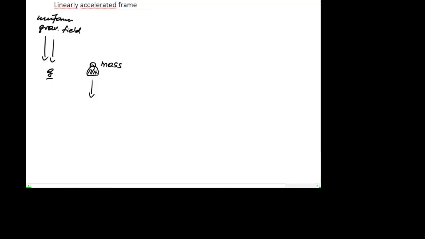Now I am on the ground waiting for the arrival of this mass. So I am here watching, and my reference frame is here. This is the E1, E2, E3.